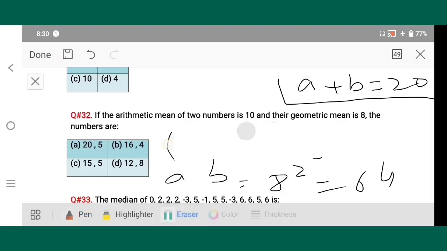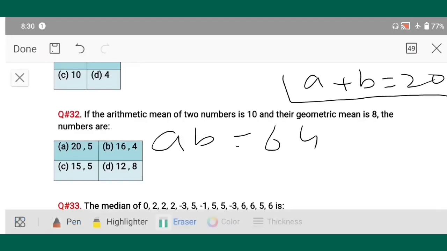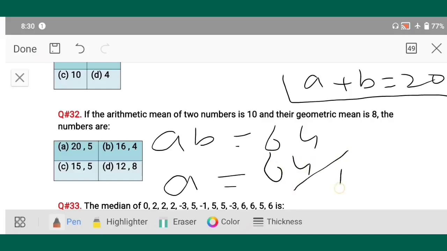So ab is equal to 64, and a will be equal to 64 by b.